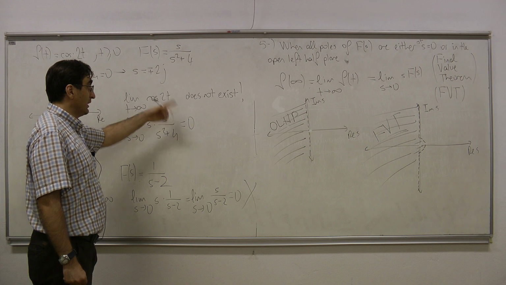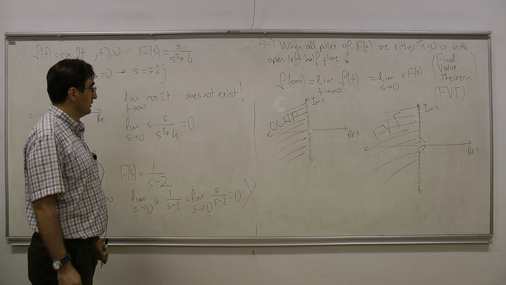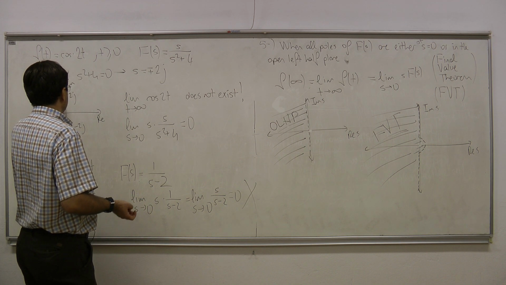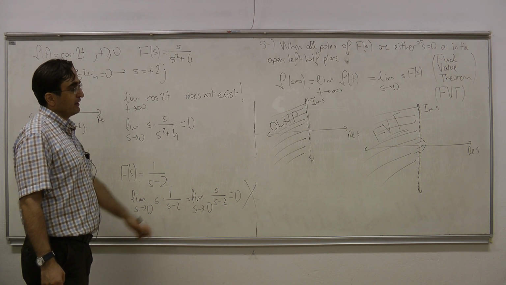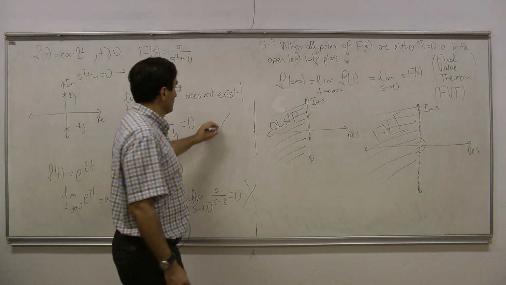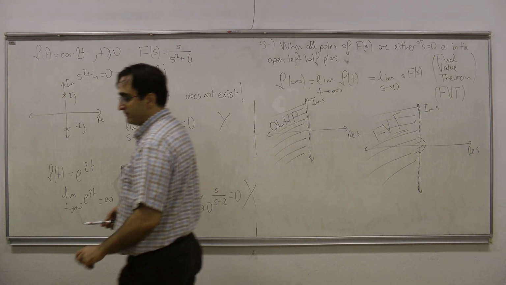Okay? So you see that we again have a mismatch between these two results. The reason for this is that there are poles on the imaginary axis, which are not allowed for the final value theorem to hold. So the final value theorem does not hold for this example either.